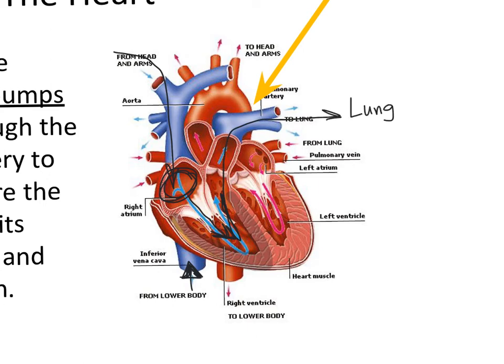And of course, at the lung, you know that it's picking up oxygen and getting rid of CO2. So this is the pulmonary circulatory system. Notice that under this little arrow here, it says the pulmonary artery.